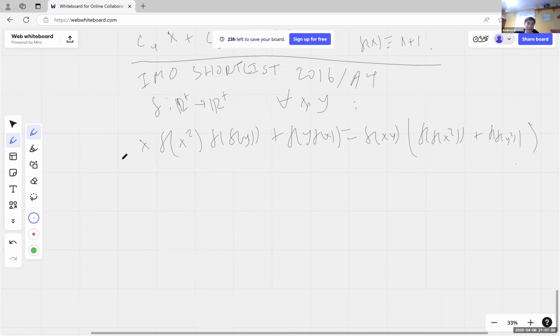Now, this is kind of a mess. It's a really big functional equation. But what you want to do here is cancel a lot of stuff out, right?